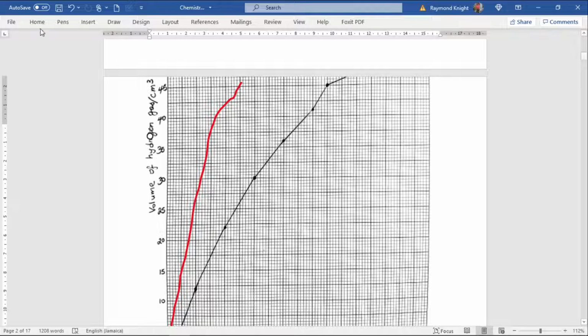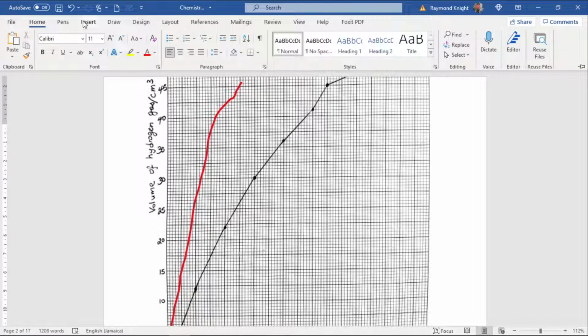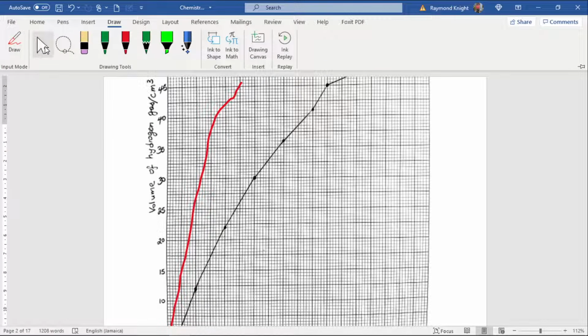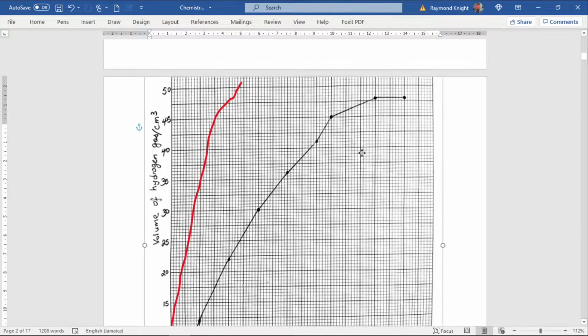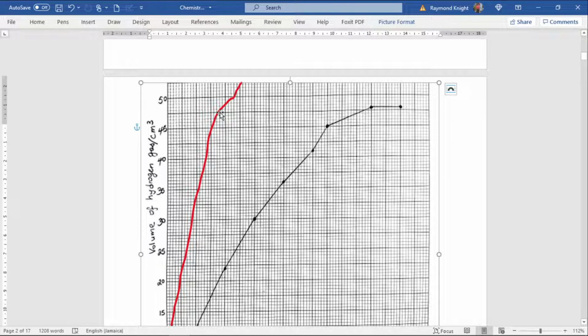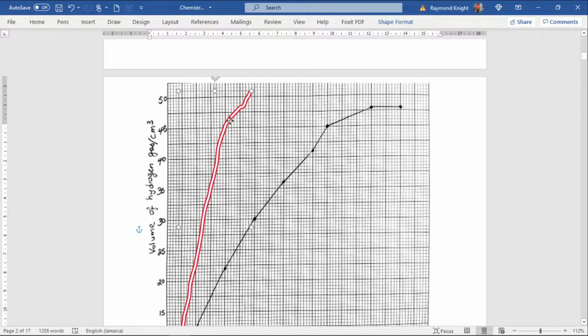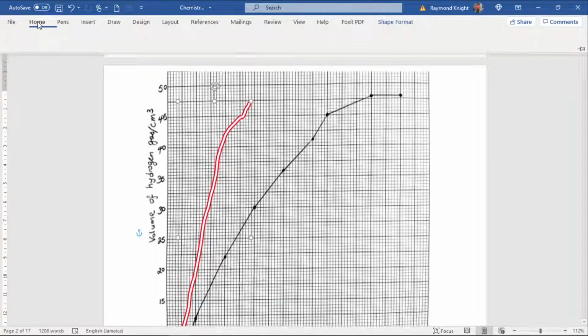I'll put it back right here, so it'll be somewhere there.